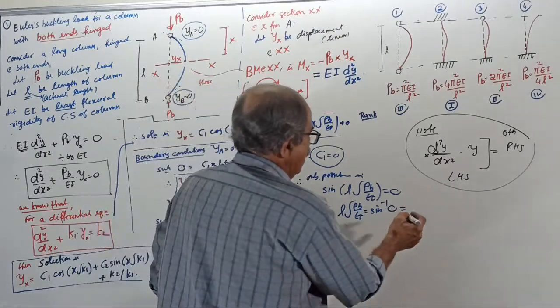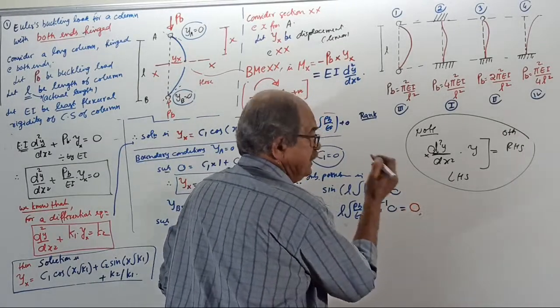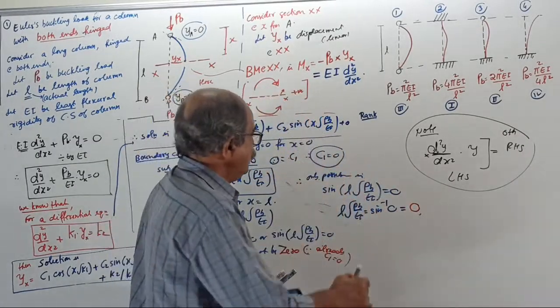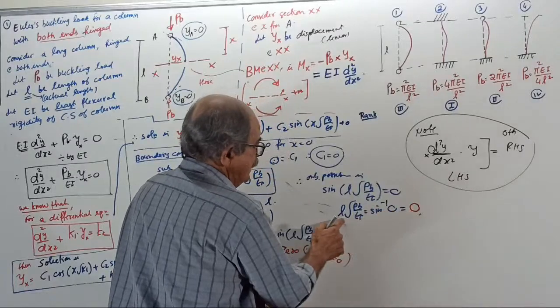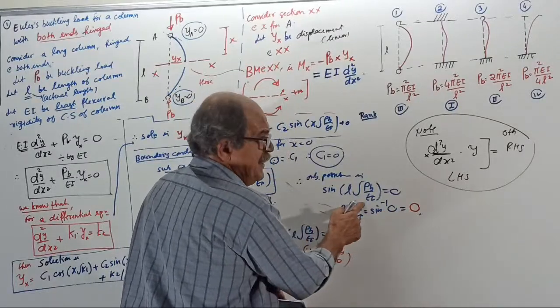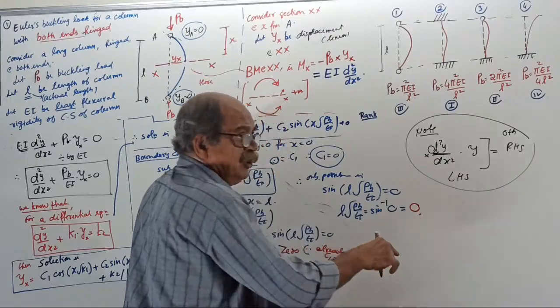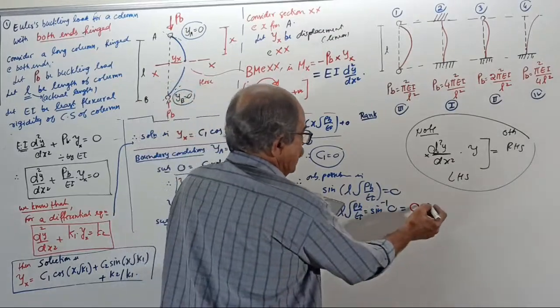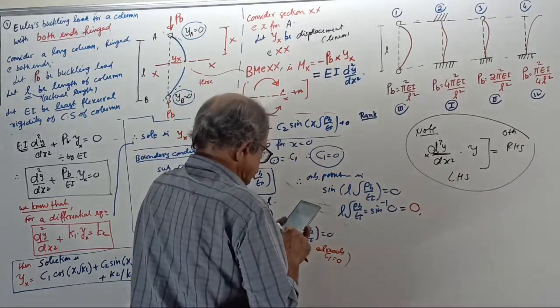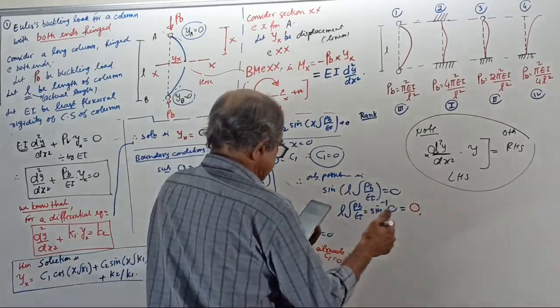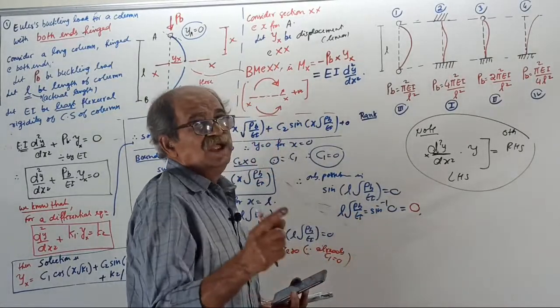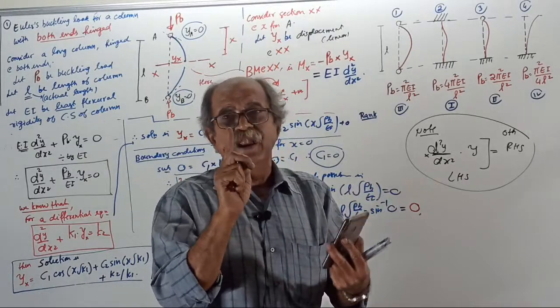The first value is 0. But remember, 0 you cannot take. Why? If you take 0, L cannot be 0, PB cannot be 0. Go to the next number. 180 you cannot write.